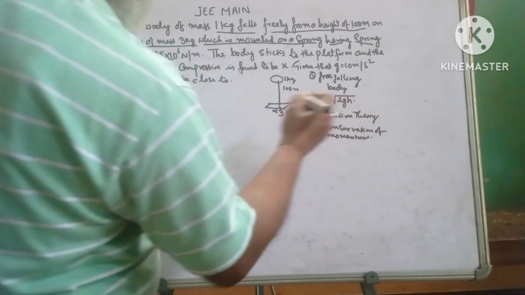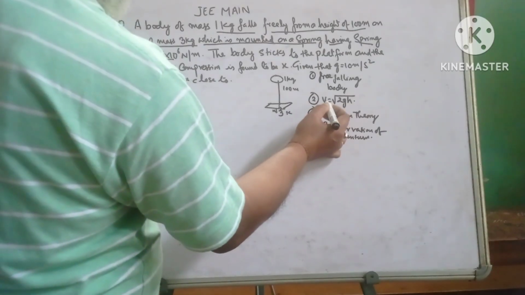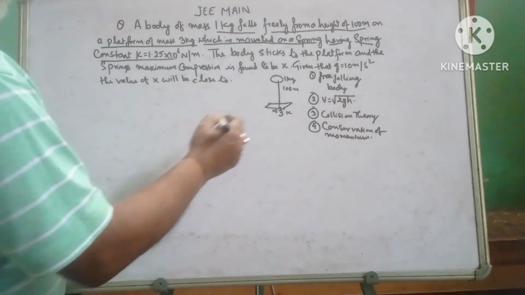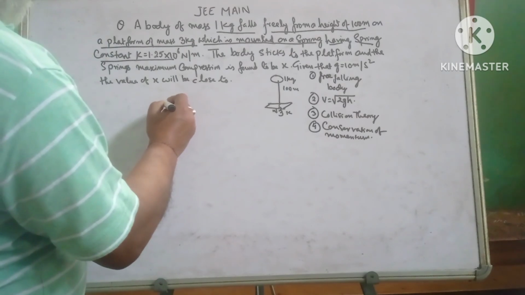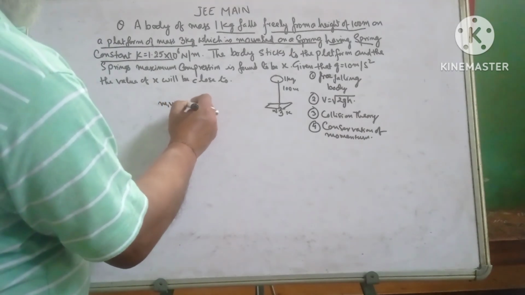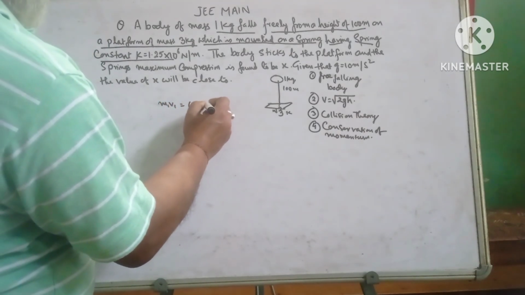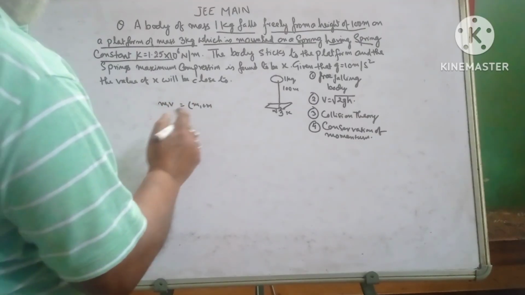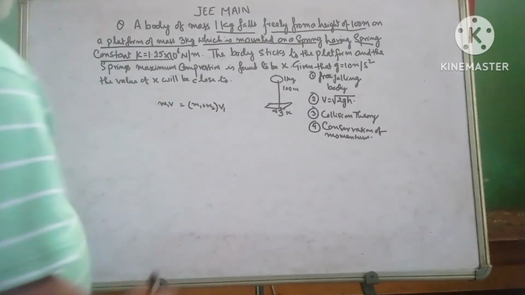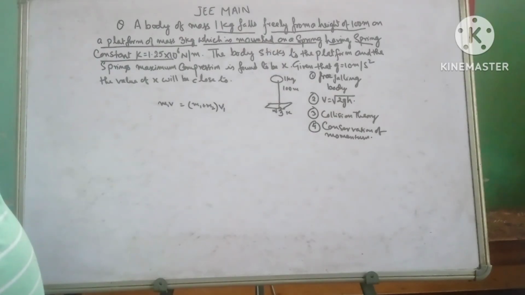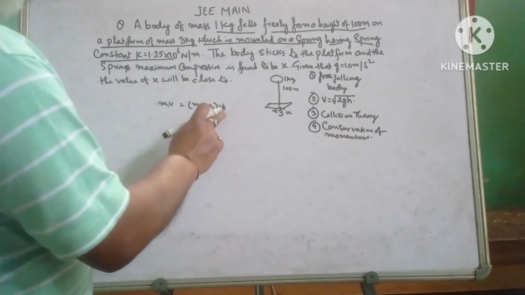So from conservation of momentum, let this velocity be v. That is m1 v1 is equal to (m1 plus m2) into v. We will take the help of conservation of momentum and find the value of v.